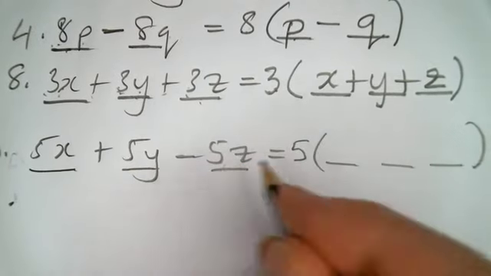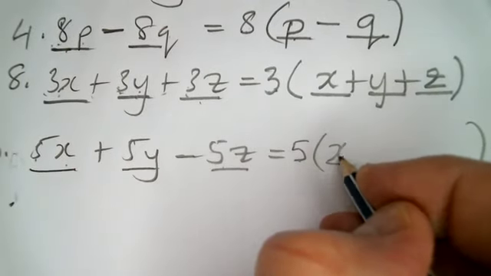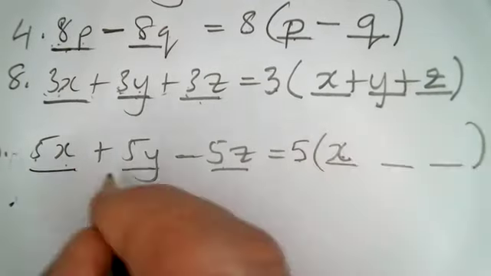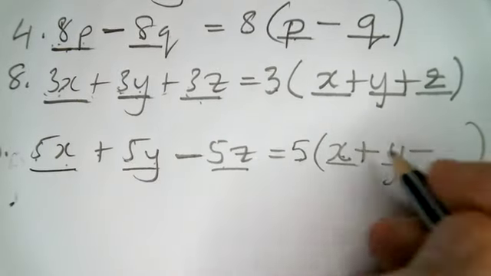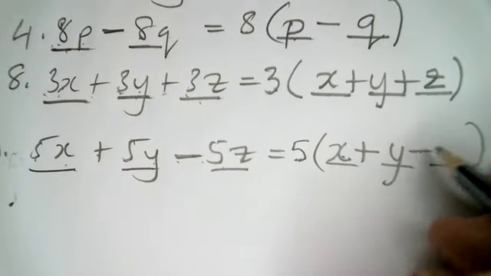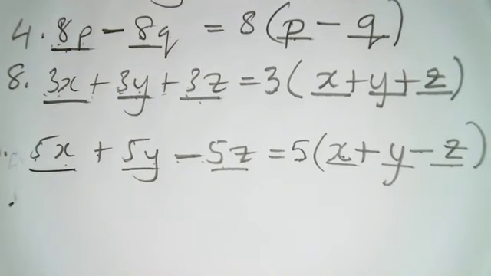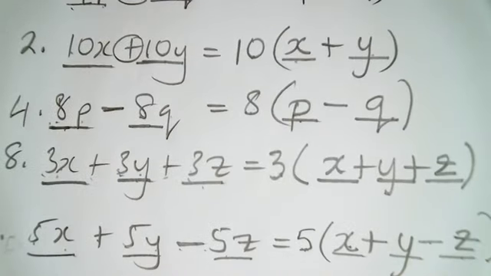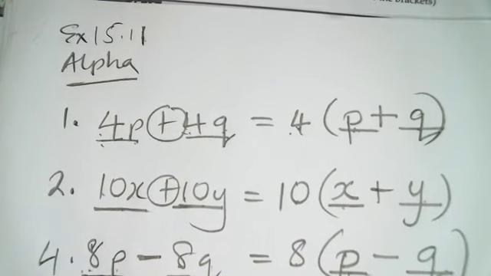So 5 times what makes 5x? And the answer is x. And I've got a plus. 5 times what makes 5y? Well, that would be y. And I've got a minus. 5 times what makes minus 5z? Well, that would be minus z. And there's my answer. So that's how I would go ahead and answer 15.11 on the alpha factorising.